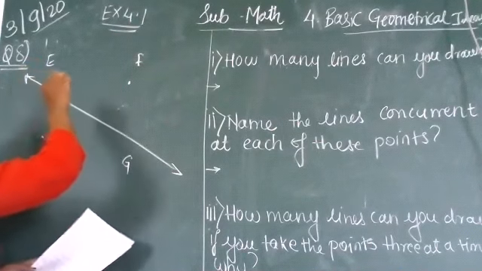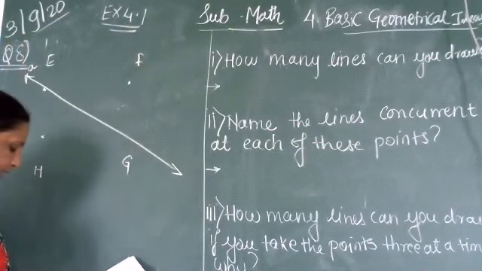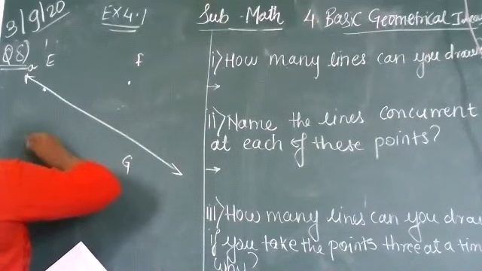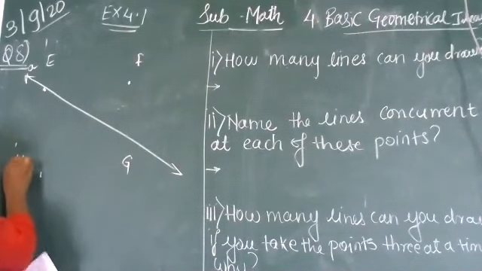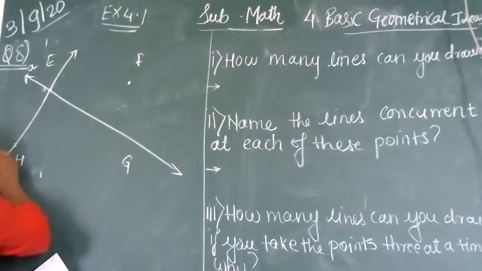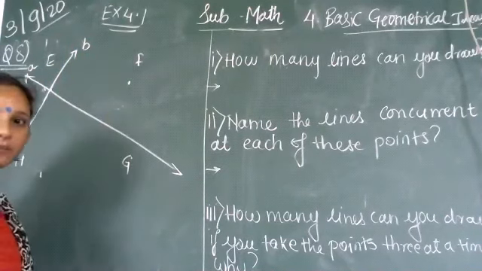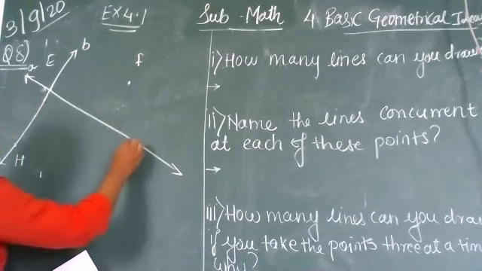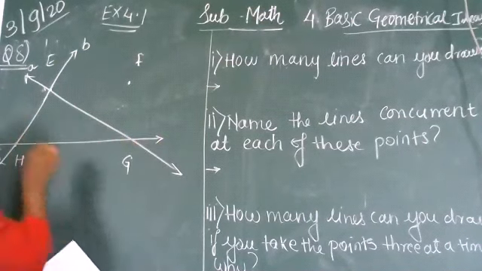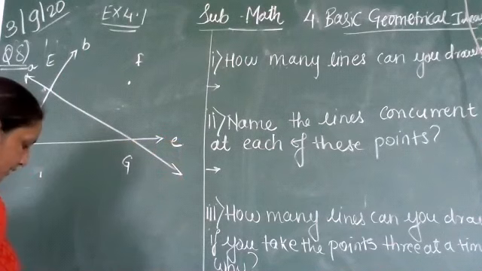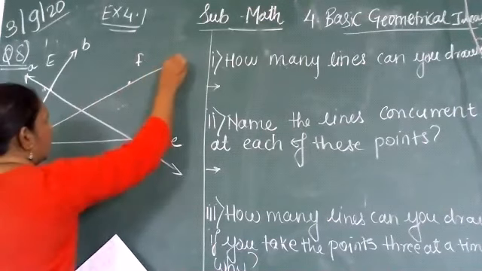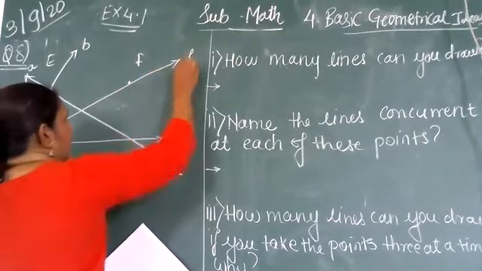Here I am going to name it as line A. Now same way, one more line I will draw from H to E, which I am going to name as B. Now here I will draw one more line which will pass through G and H, which I am going to name as E. Now same way, the line will pass between both of them and join the point F, which will give a line F.